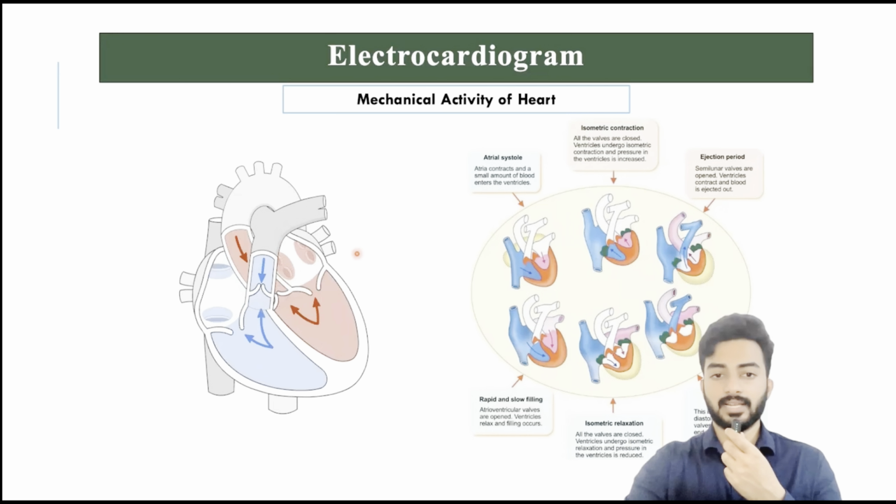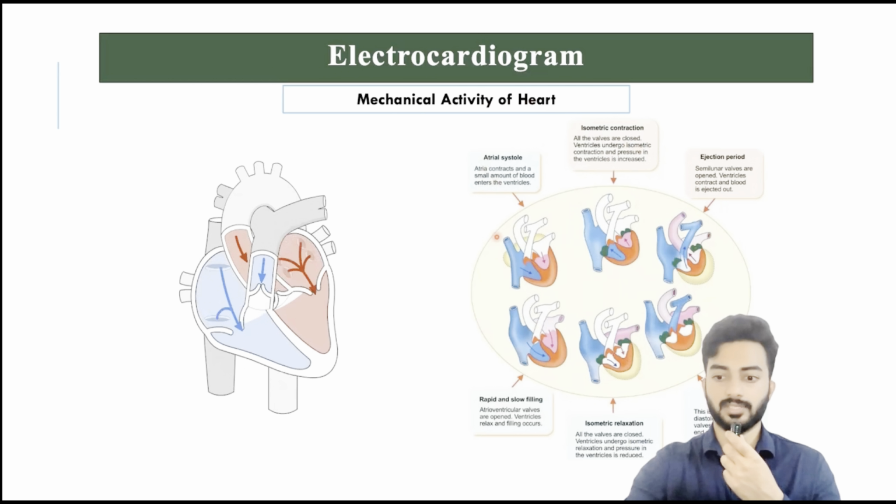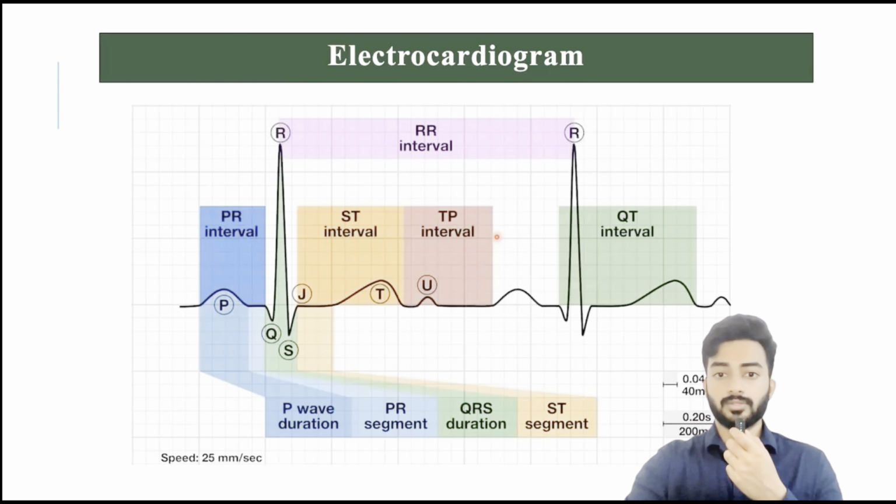This electrical activity is followed by the mechanical activity, as we all know the different phases of systole and diastole. So this mechanical activity is recorded as ECG. So we have the PR interval, ST interval, TP interval, QT interval, RR interval, and we have the PR segment and ST segment.